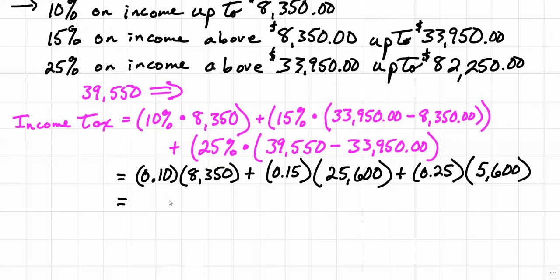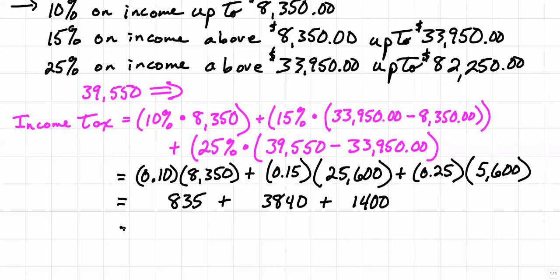And this first one will be simply $835. I'm going to add to that 0.15 times 25,600. So this 0.15 times the 25,600 will be 3,840 plus, and then we'll take 0.25 and multiply that by 5,600, and that will be equal to 1,400.